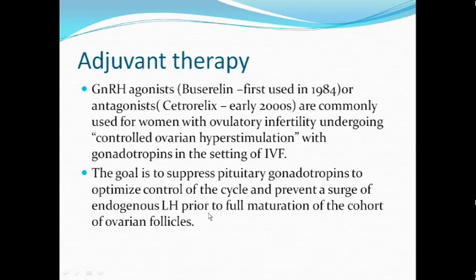With an agonist you can suppress the pituitary, though with a flare-up effect, but with an antagonist you can directly suppress the pituitary and the natural endogenous LH surge, to prevent ovulation prior to the full maturation of the ovarian follicle.